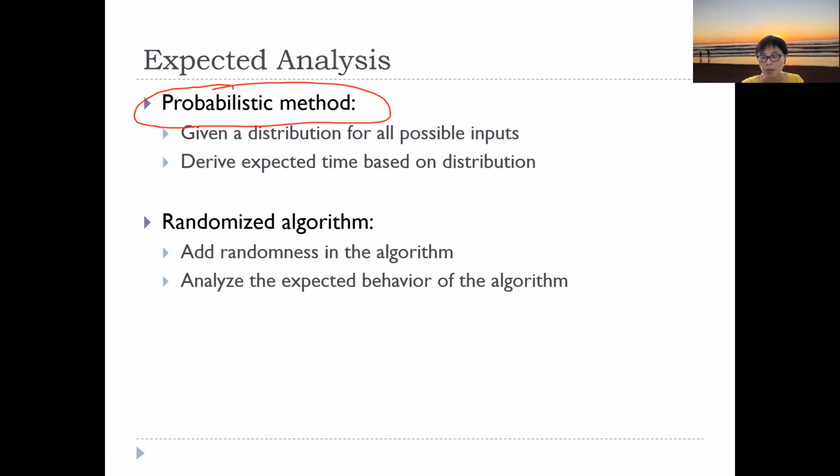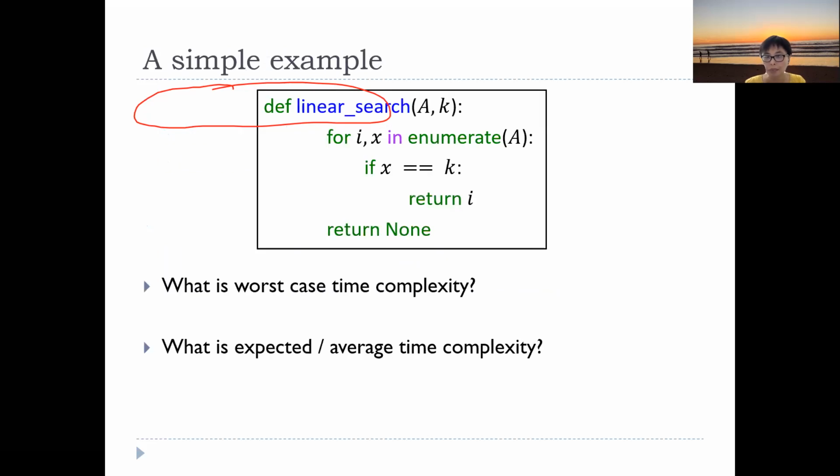All right, so let's start with a simple example. Let's look at the same linear search problem again. We're given an array of size n and a key, and our goal is to search whether the key is inside or not.